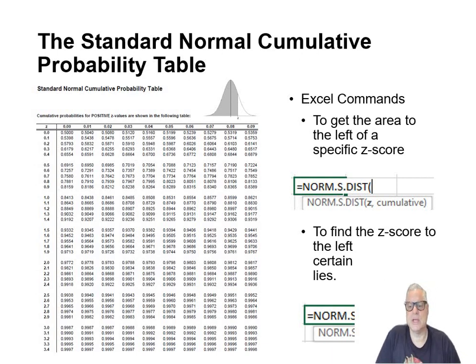What you see here is a standard normal cumulative probability table, and you still can see that in textbooks. We said by the empirical rule, if we have a z-score of 1, that means we are 1 standard deviation above the mean.